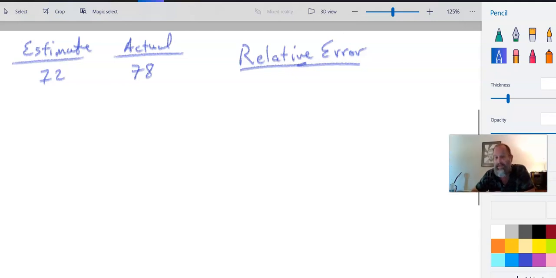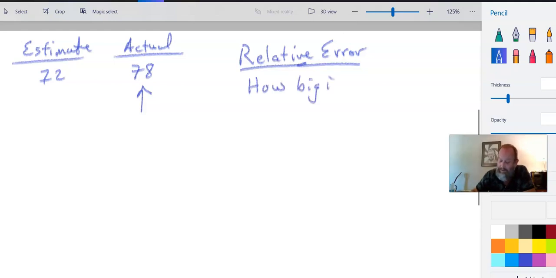Relative error is the same thing, and the thing we're going to be comparing it to is the actual value. So it's how big is the error compared to the actual value? That's the question we're actually asking ourselves.